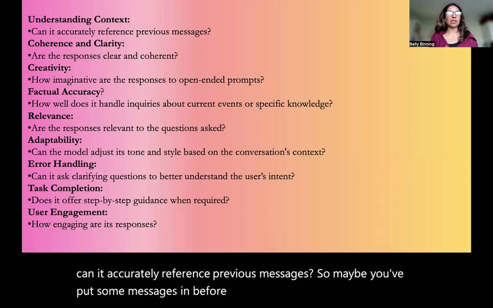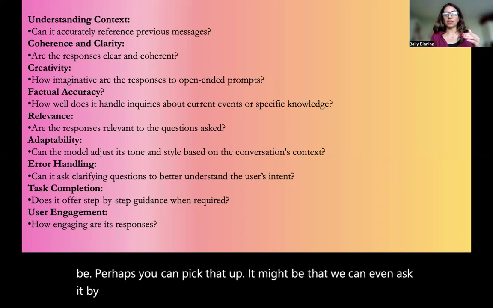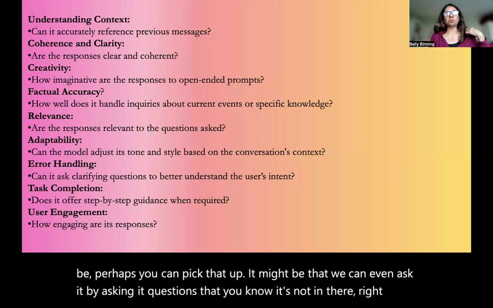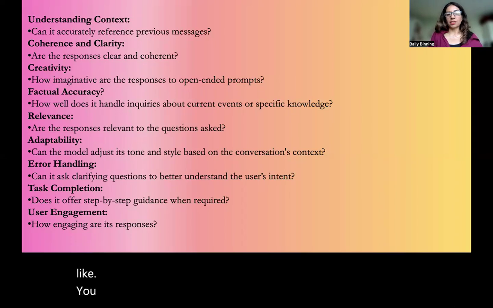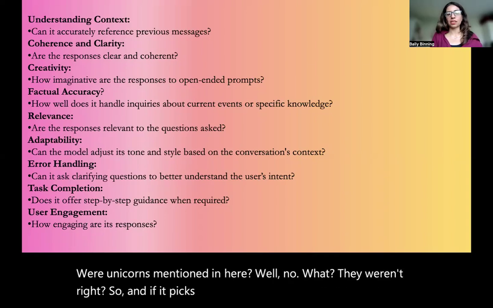In Kathy's case, yes, perhaps you can pick that up. We can even ask it about something that's not in there, like unicorns or something ridiculous. Were unicorns mentioned in here? Well, no, they weren't. And if it picks up on that, then it's hallucinating and making it up.